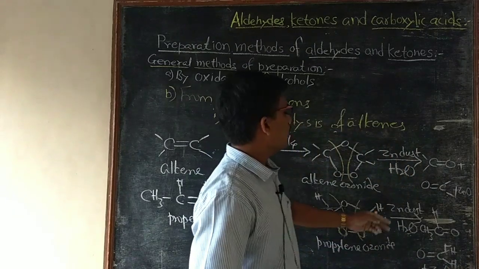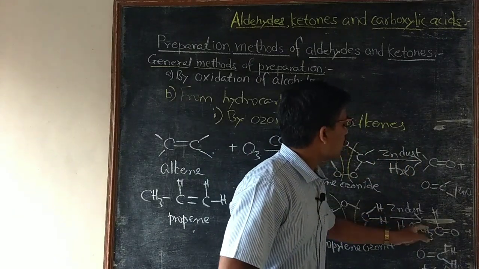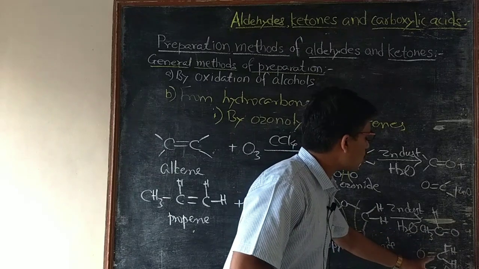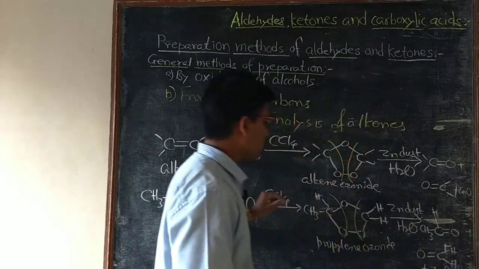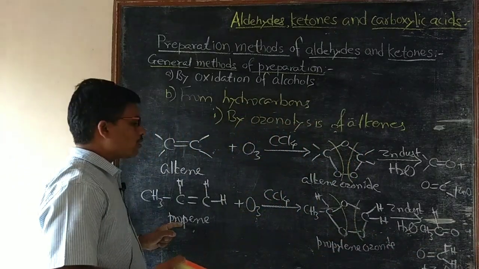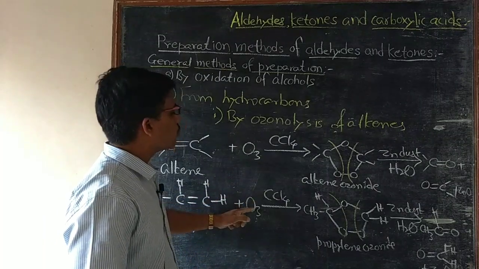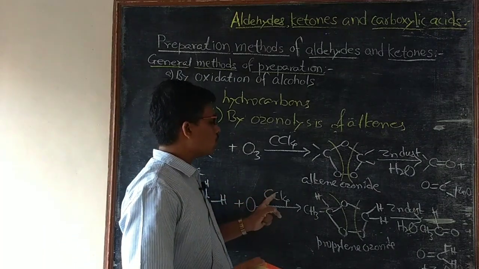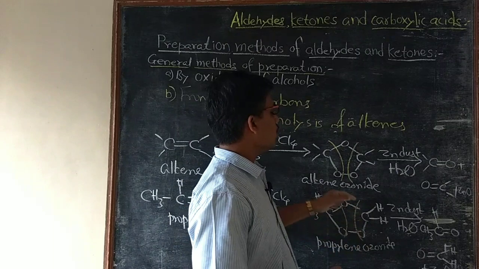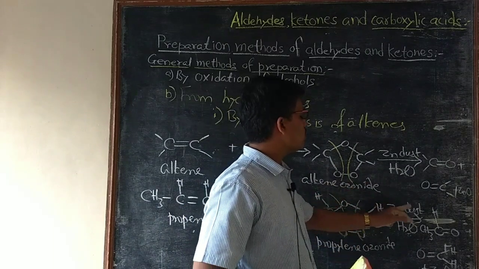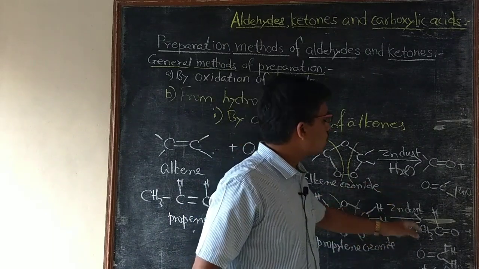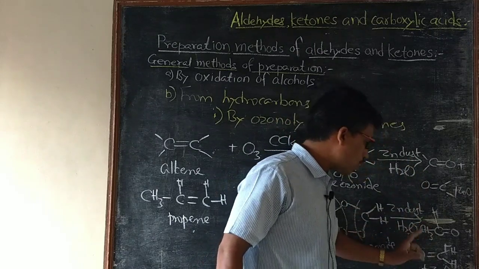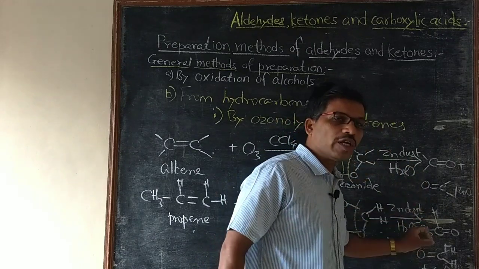That is, this is acetaldehyde and this is formaldehyde plus ZnO. So propylene, when it reacts with ozone in presence of an inert solvent, forms propylene ozonide, which on decomposition in presence of zinc dust and water forms acetaldehyde, formaldehyde and ZnO.